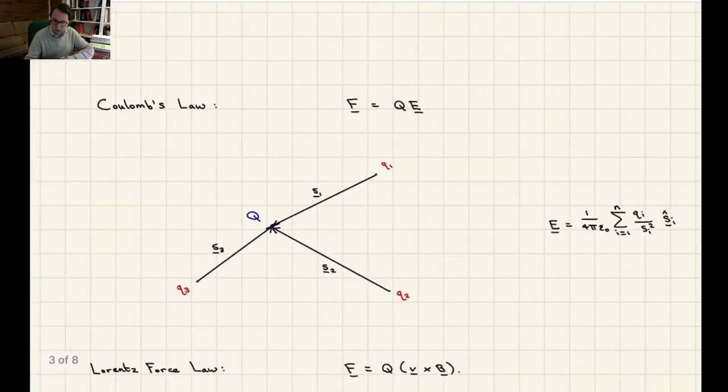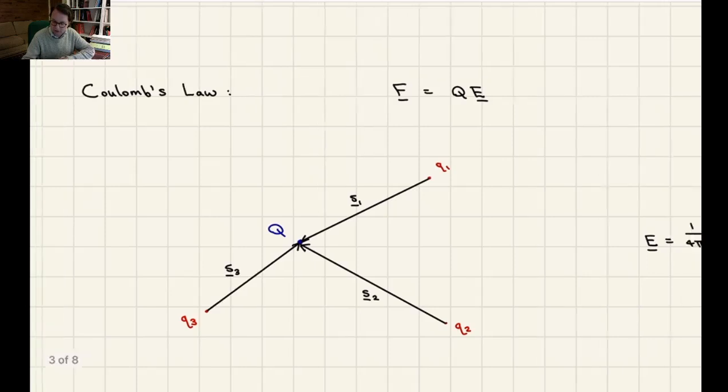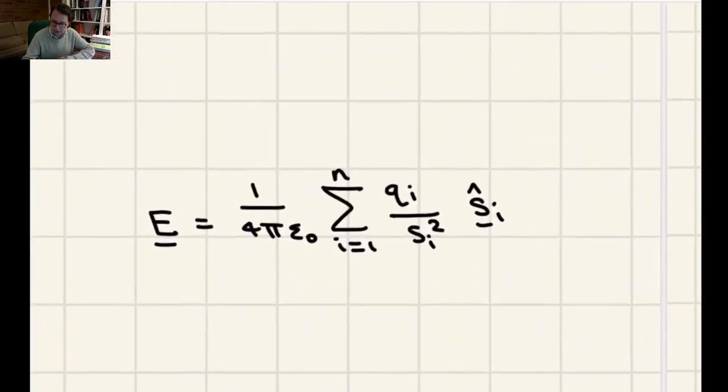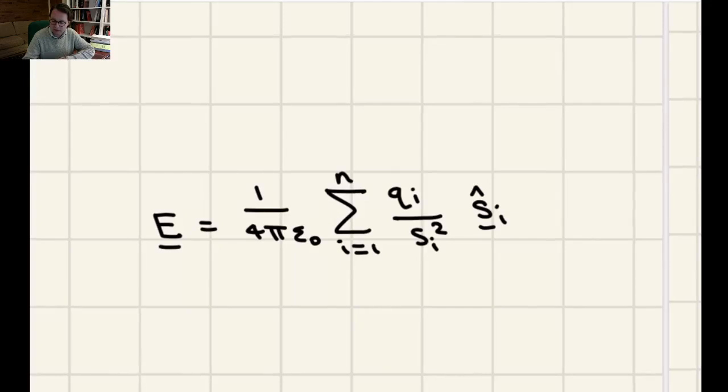So here is Coulomb's law writ large. Coulomb's law was known empirically, and it relates an electric field, so let me focus on the electric field down here. Here is the electric field E. It involves S, a vector, where S hat stands for the unit version of S. We have several of them labelled by i.